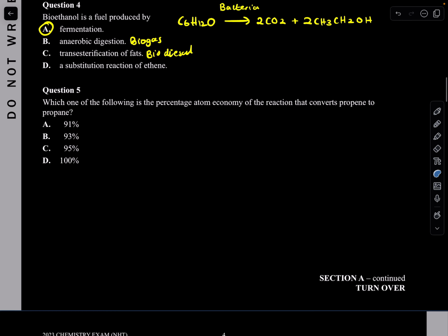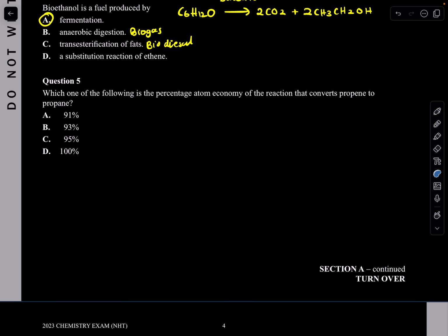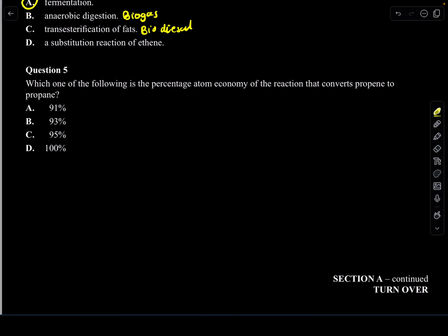Beautiful. Question 5. Which of the following is the percentage atom economy of the reaction that converts propene to propane? Easy. So propene is basically C3H6, because it's 3 times 2.